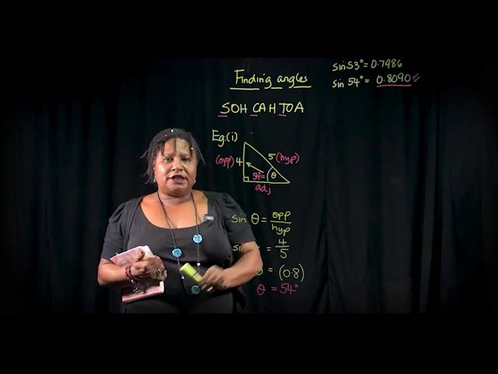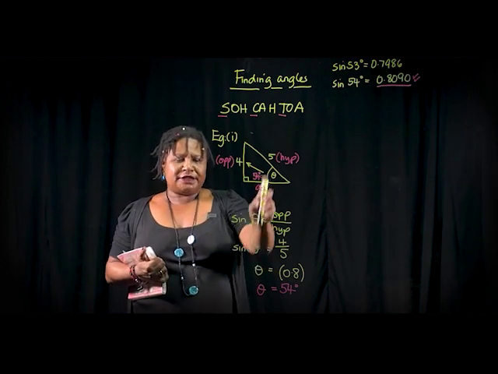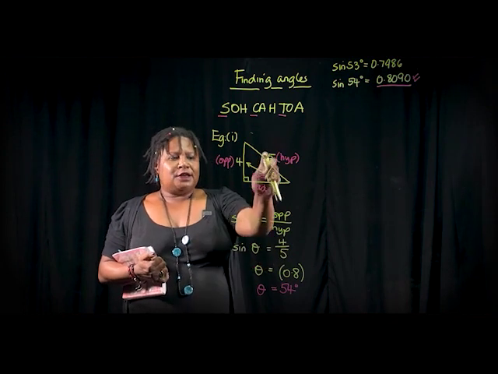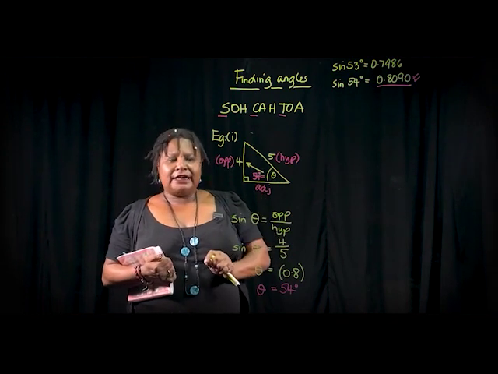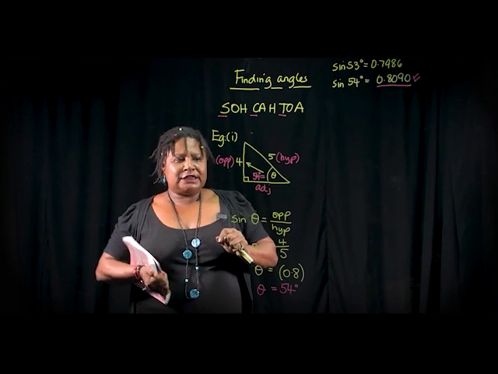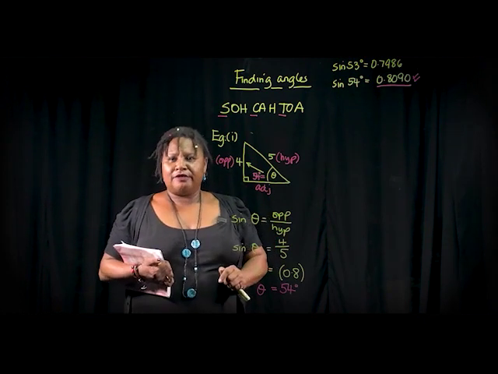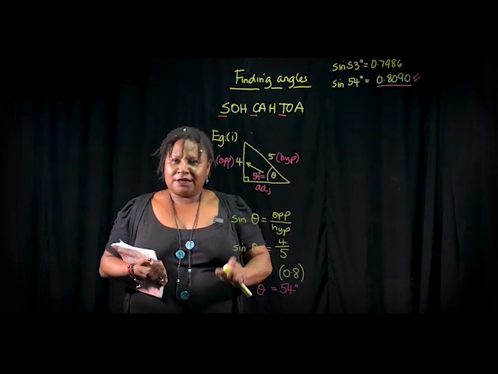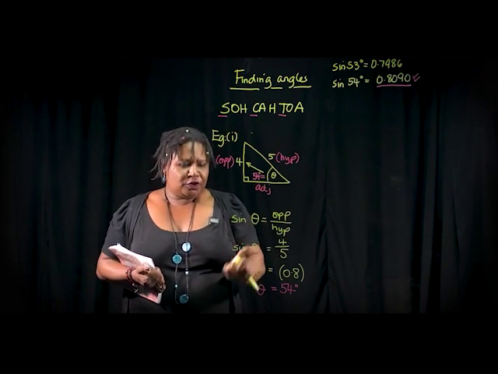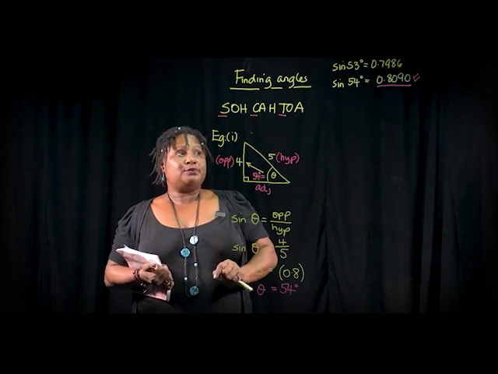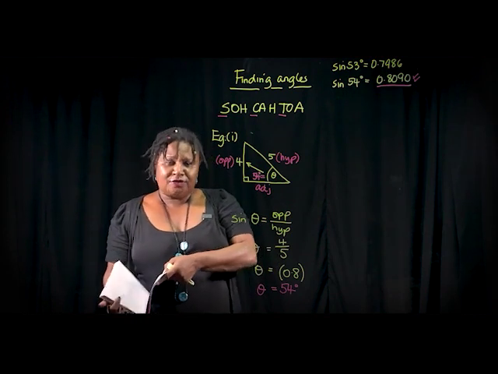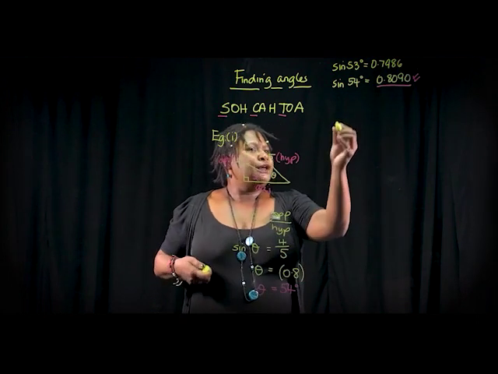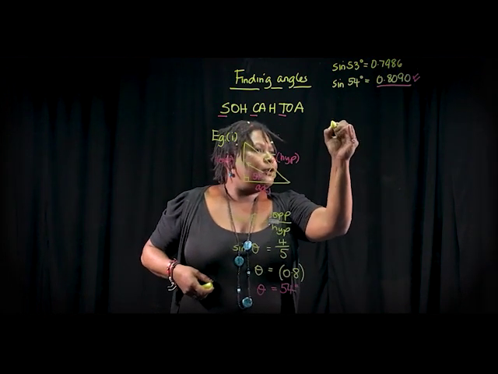Okay, now if we are using the cosine ratio, it is very similar to the sine ratio, but you would need the adjacent side and the hypotenuse in order to use the cosine ratio. Okay, being that it is similar to the sine ratio, we will not do an example for this, but we will have a look at the tangent ratio. Okay, the tangent ratio. So let's look at example number 2.